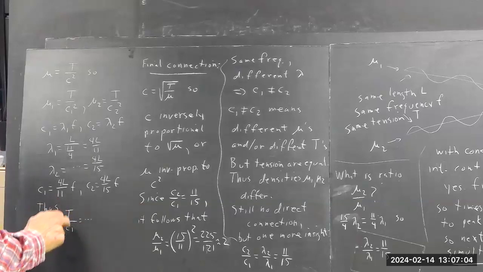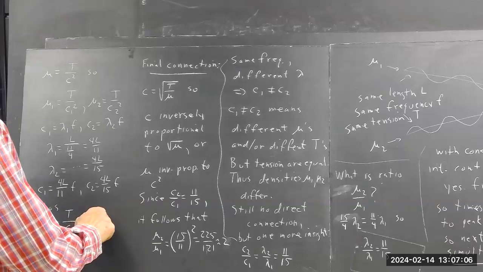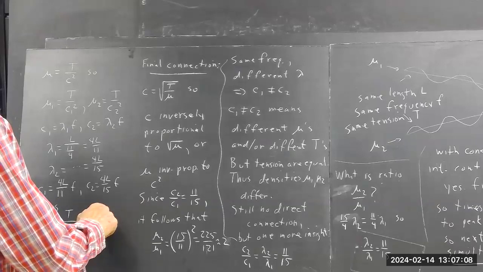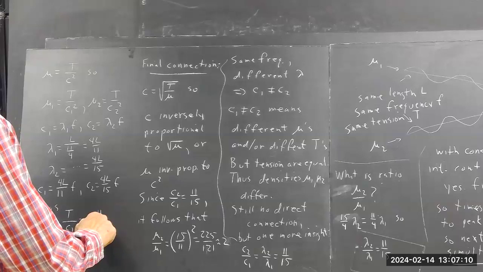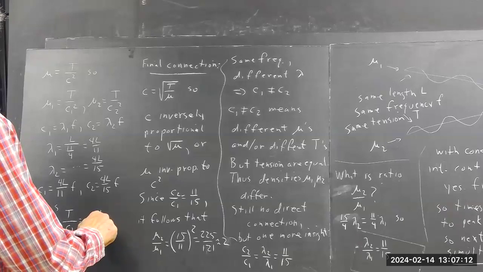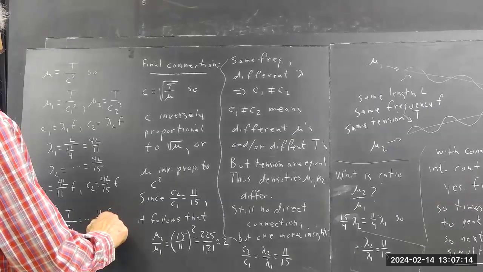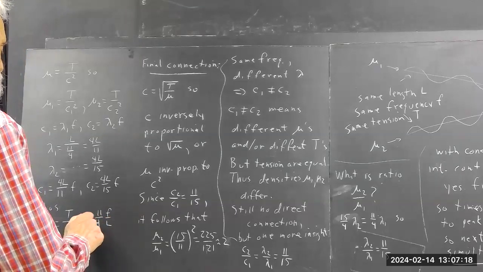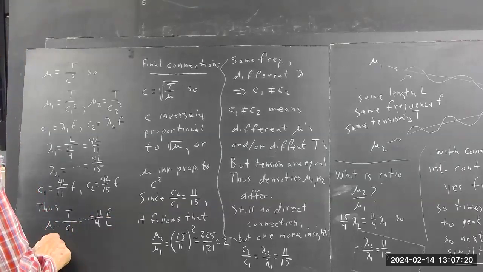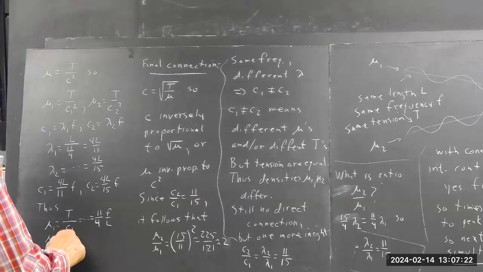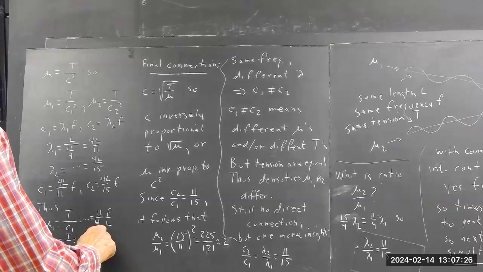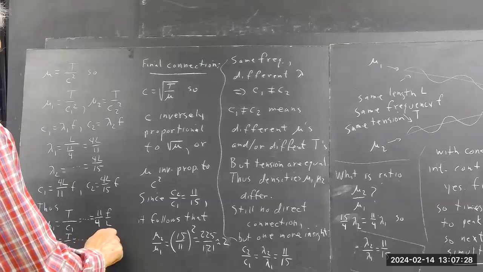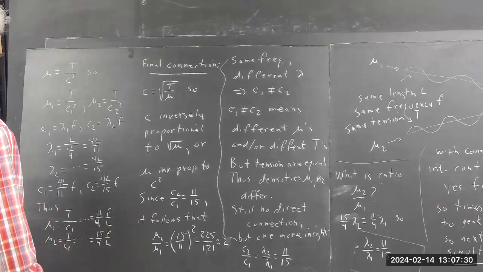And U1 is going to be T over C1, which is going to be then, I'll say 11/4 F over L. U2 equals T over C2 equals, straightforward, 15/4 F over L.